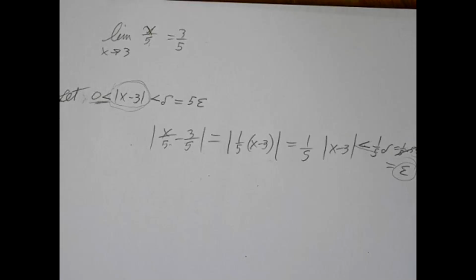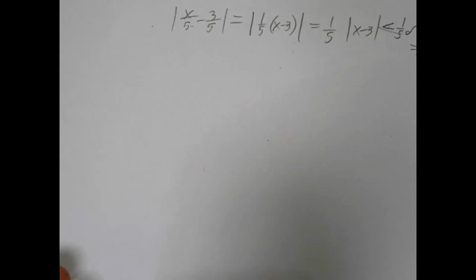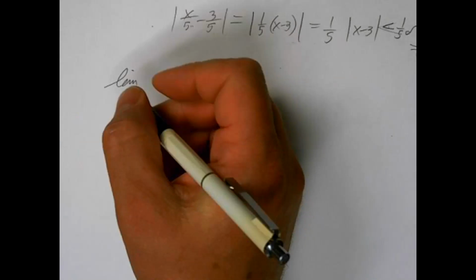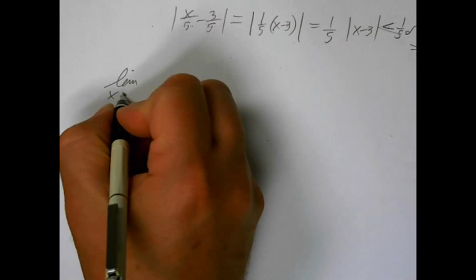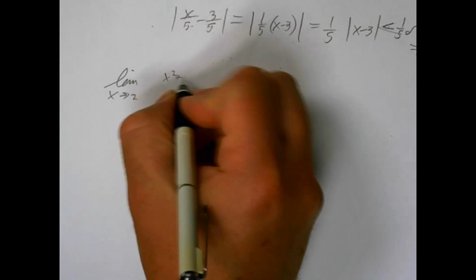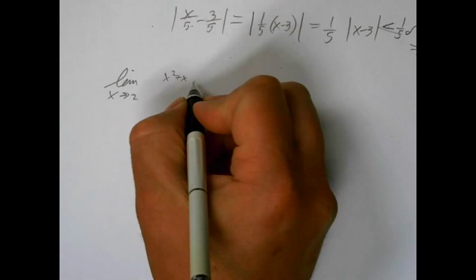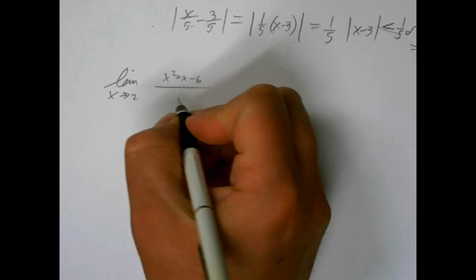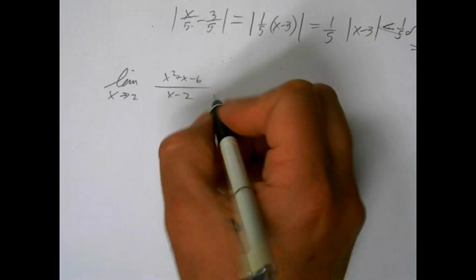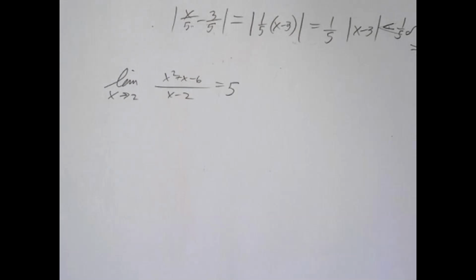All right? Let's try that again. Let's look at the limit as x approaches 2 of x squared plus x minus 6 over x minus 2, and they're saying that equals 5.